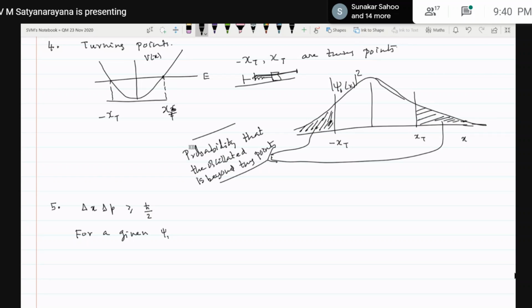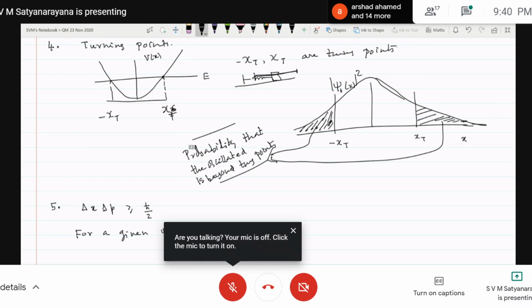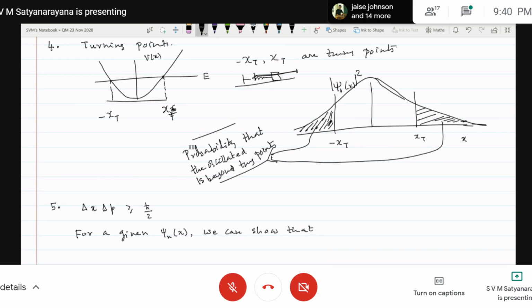So for a given psi n of x, we can show that this delta x into delta p is equal to h cross into n plus half.